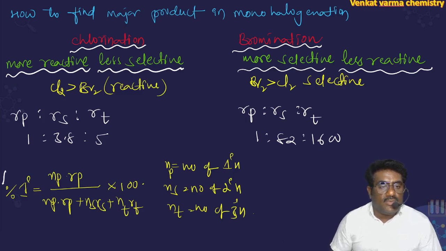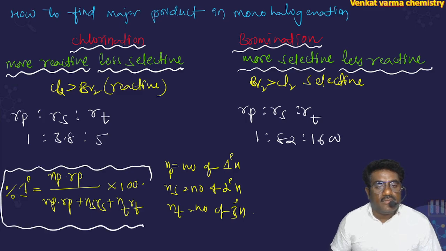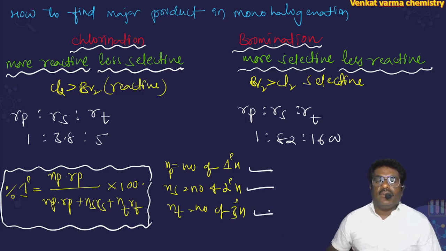This is the principle to find the percentage of the compound. NP stands for number of primary hydrogens, NS number of secondary hydrogens, NT number of tertiary hydrogens.